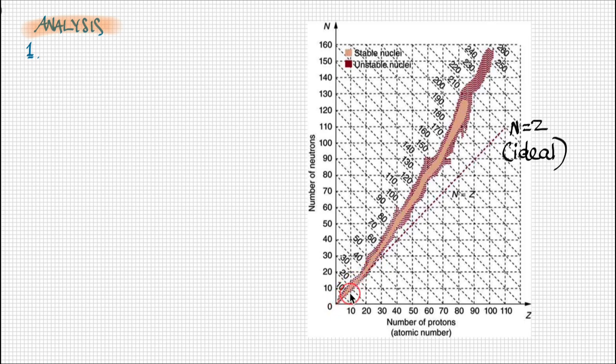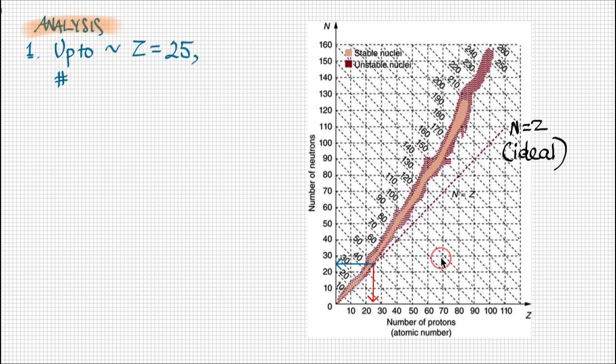So if we follow this line along, they are equal until we get to about there. So we're looking here at a proton number of 25 and a neutron number of 25, so equal numbers of protons and neutrons. We can analyze this and explain it in terms of our understanding of the strong nuclear force.